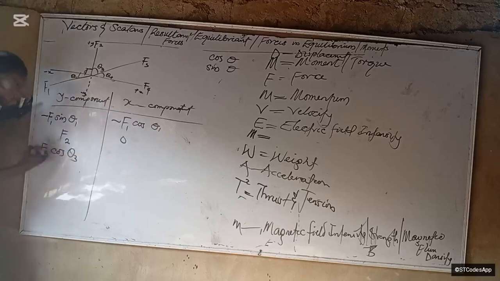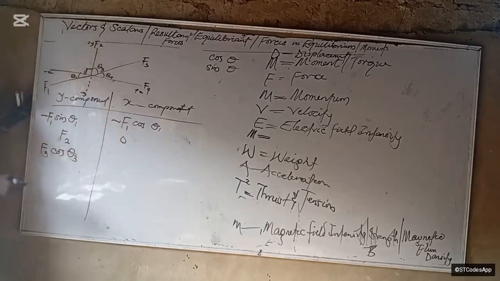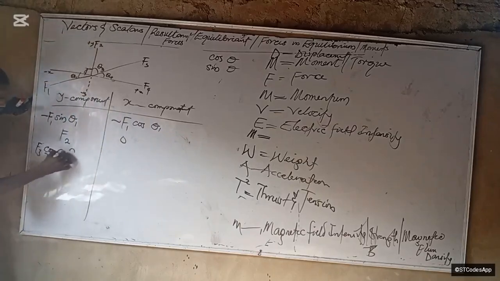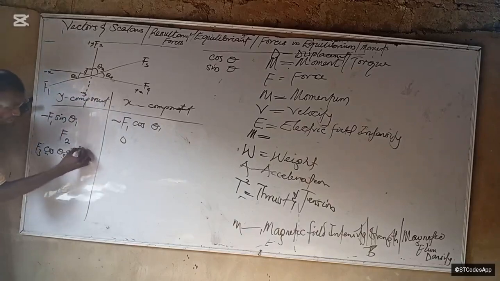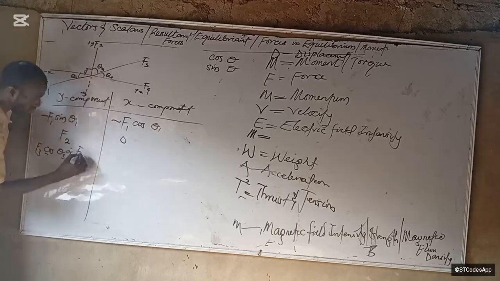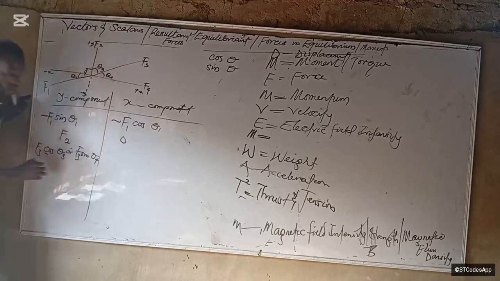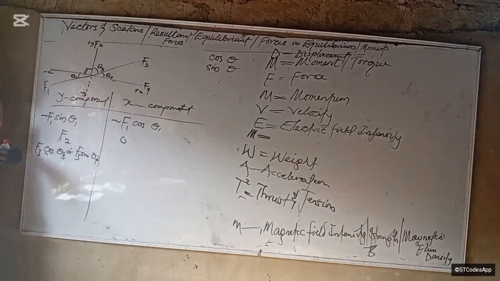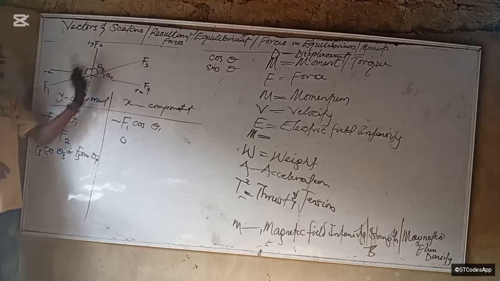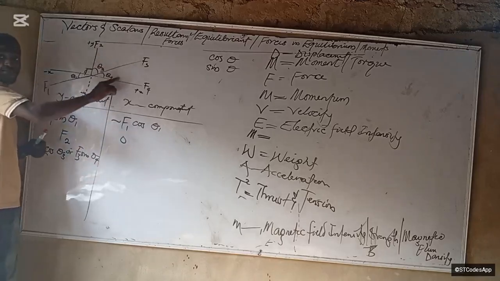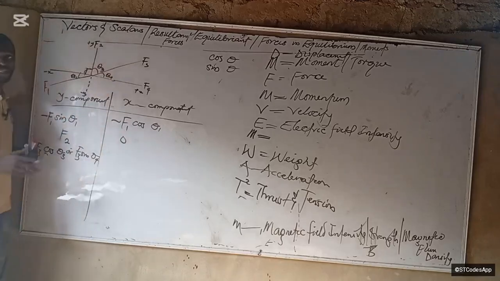Theta 3, because we are closing on theta 3. So it is F3 cos theta 3, or F3 opening sine theta 4. We'll get the same answer. If you are not clear, raise your hand. If you are resolving to the y component, it is F3 sine theta 4 or F3 cos theta 3.